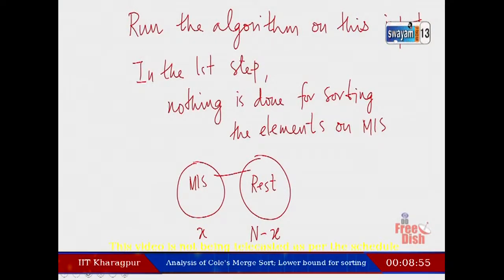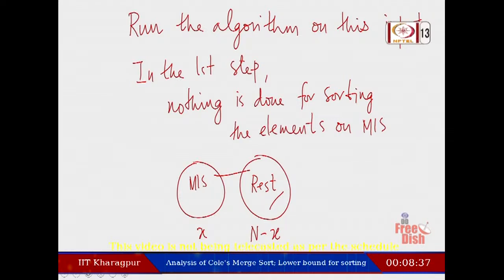So every edge is either of this form or of this form. There is no edge that is within the maximal independent set. That is, two vertices of the maximal independent set cannot be adjacent to each other. So every edge is of this form. Now, how many such edges could there be?